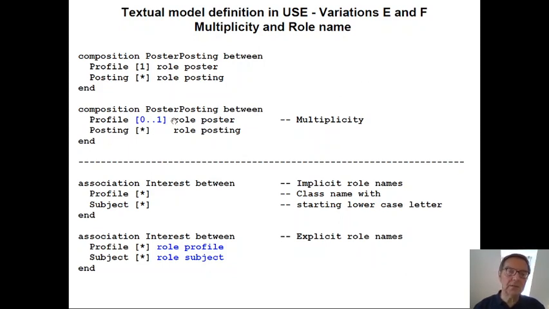But just as an alternative, for a composition in general, on the side of the whole in the part-whole relationship, you can have a 1 multiplicity or you can have a 0..1 multiplicity.